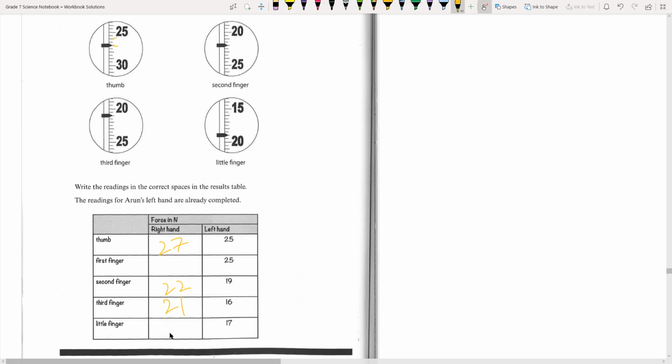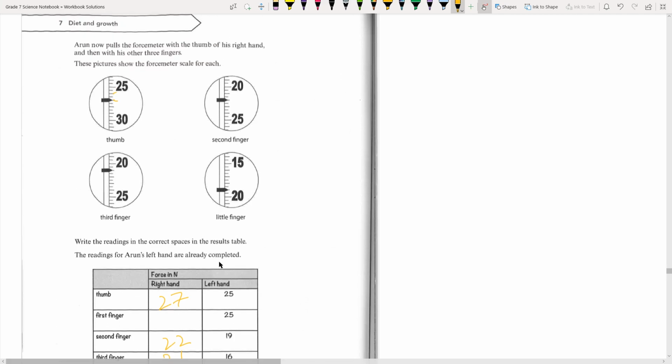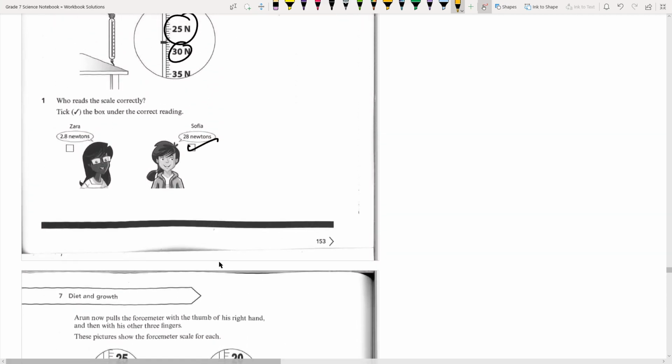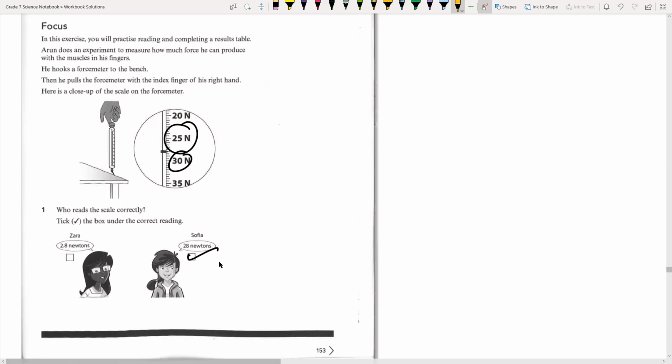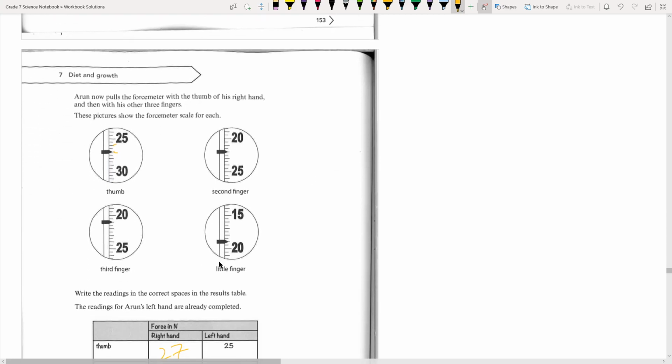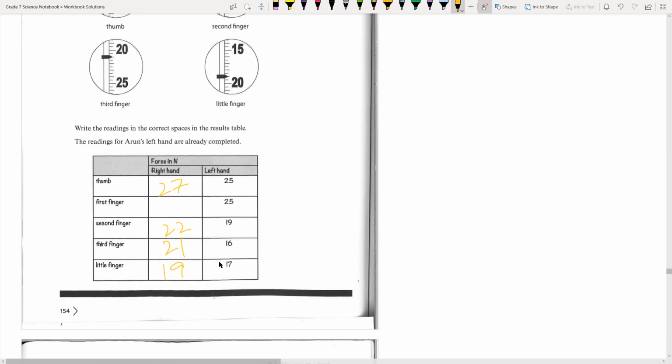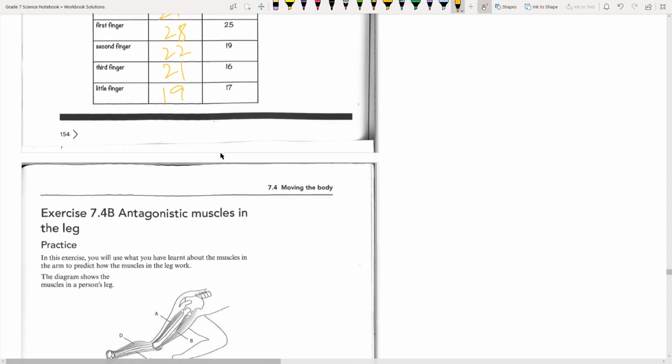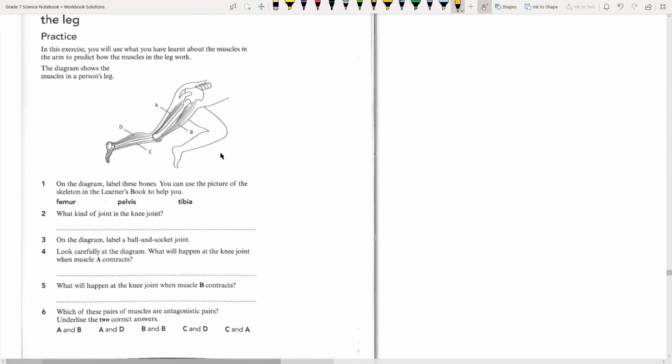And for the little finger, we have 19, right? So where's the first finger though? Index finger. Okay, that's the first finger. So that is 28 anyway, right? That was the first one we read. So that is 28, right? So just as I said, it's just view and filling up, right?